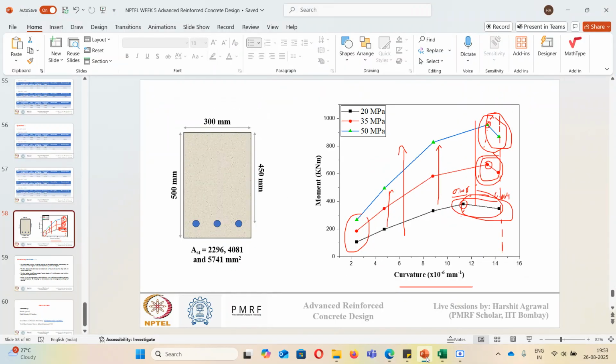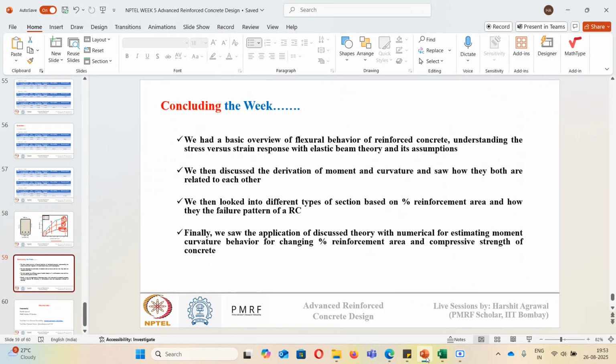No, sir. Okay, so this was all for today. We had a basic overview of flexural behavior of reinforced concrete. We understood the stress versus strain response. We understood elastic beam theory and its assumptions. We discussed the derivation of moment and curvature, and we saw how they are related to each other.